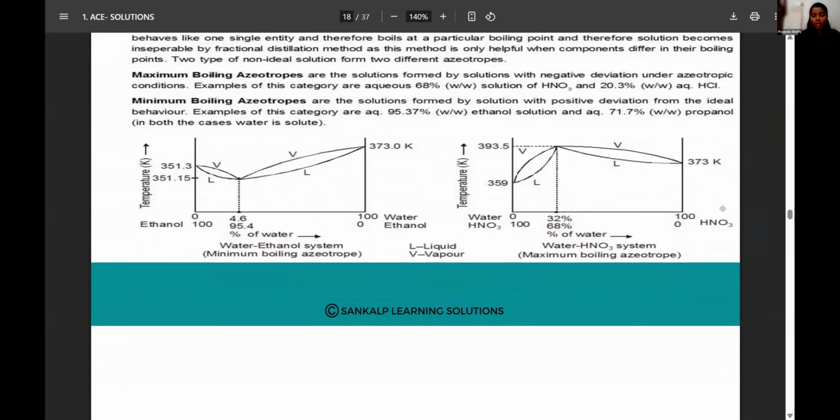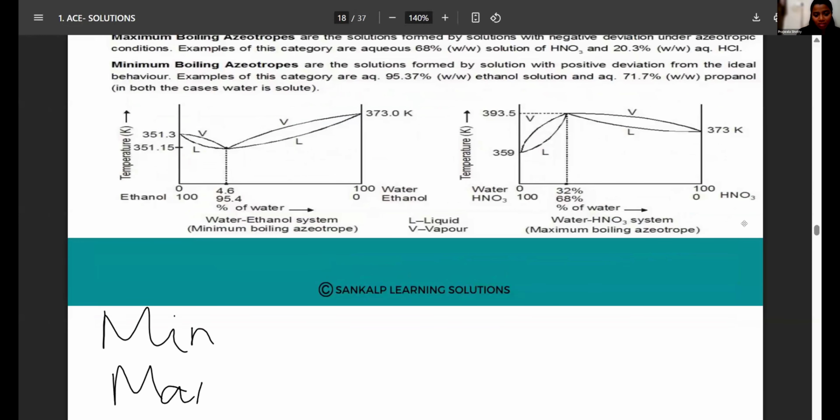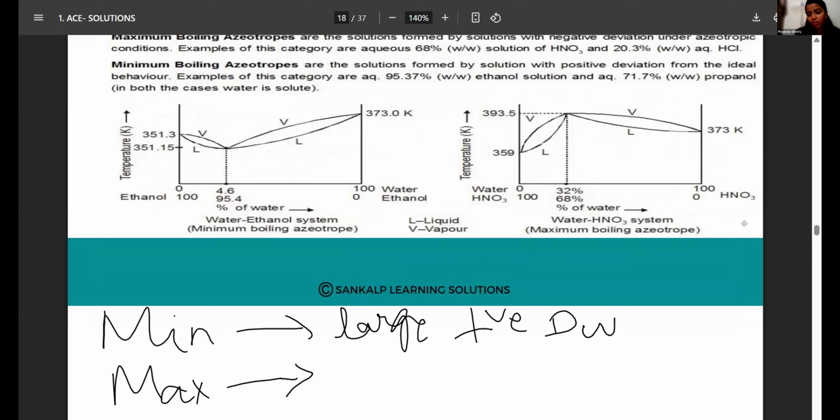The solution which shows large positive deviation from Raoult's law is called a minimum boiling azeotrope. Please understand and study. Minimum means the solution which shows large positive deviation from Raoult's law. This is what you have to define in your exam.